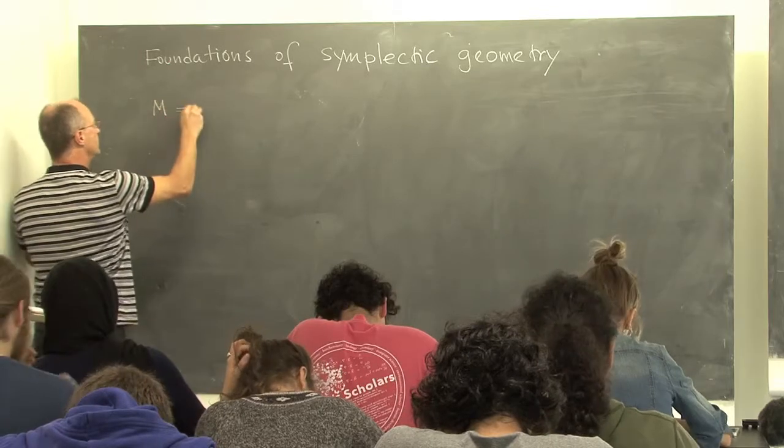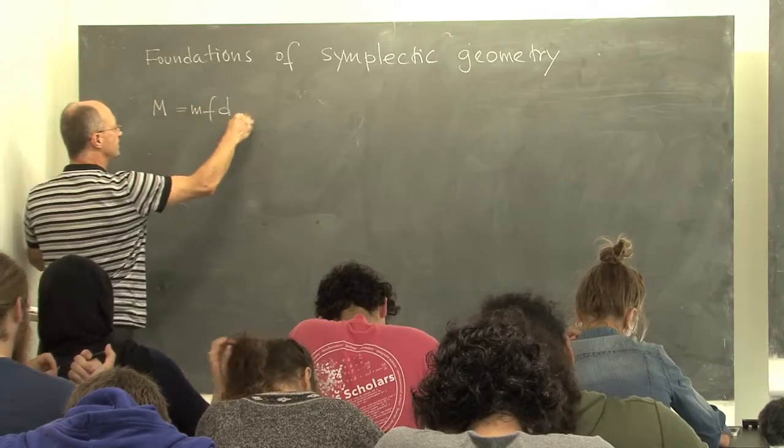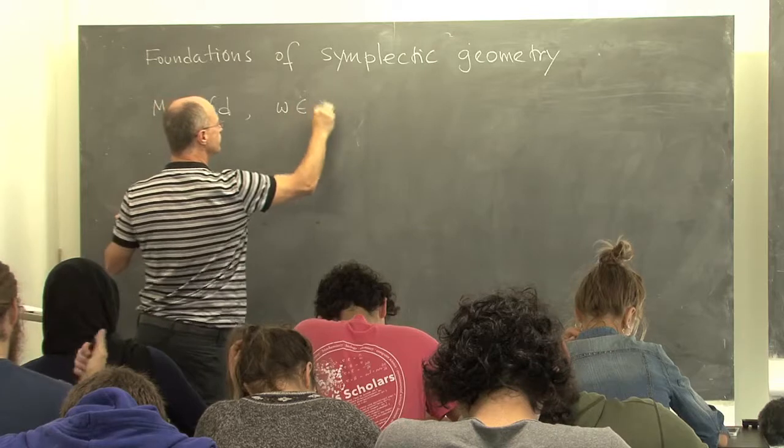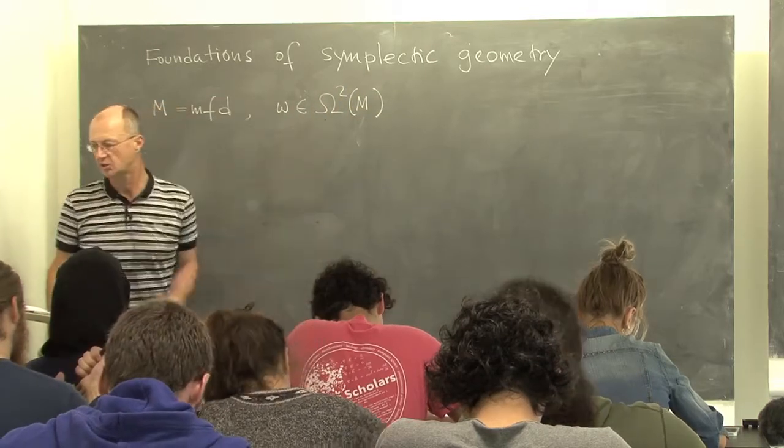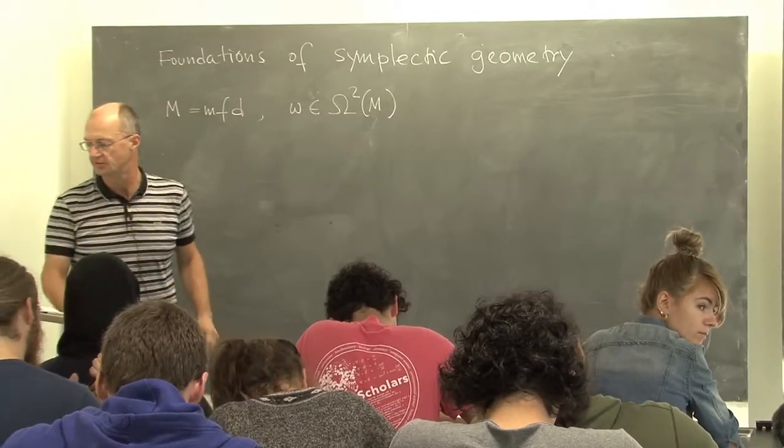So let's say M is a manifold and omega is a two-form on M. That's the notation I'm going to use for differential forms.